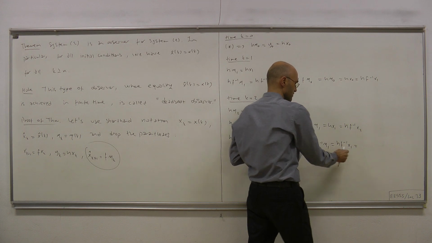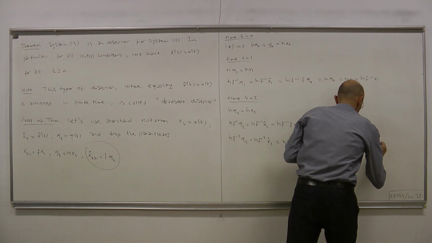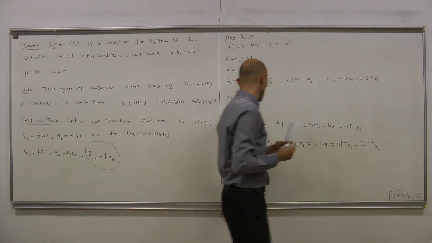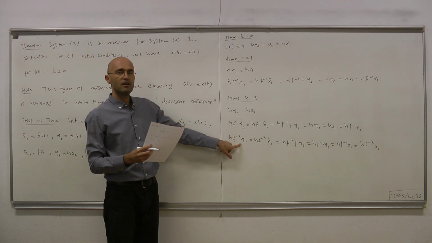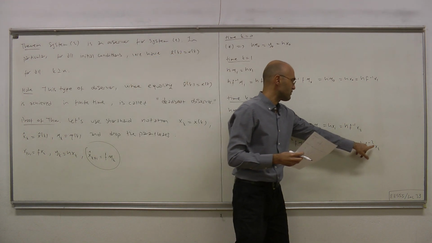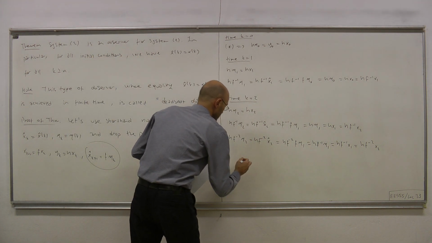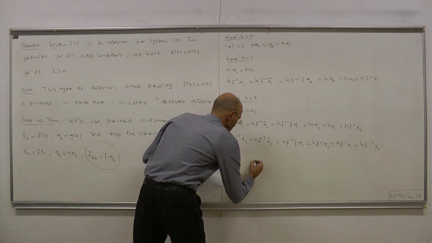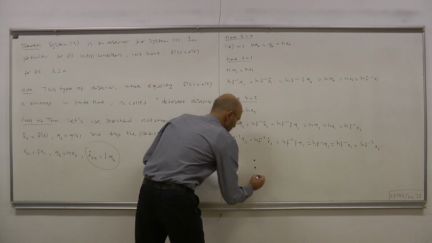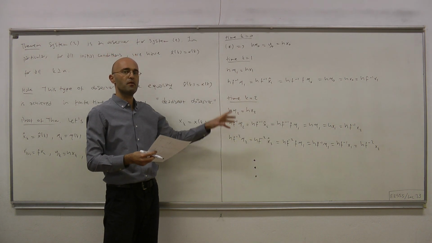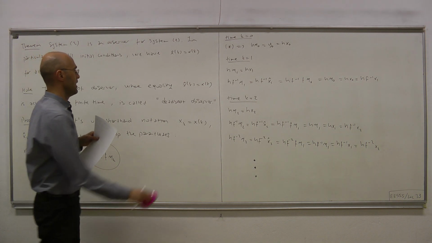So we have f double inverse x2. So we have h f double inverse eta 2 equals h f double inverse x2. And then you go to time k equals 3, time k equals 4, and so on.